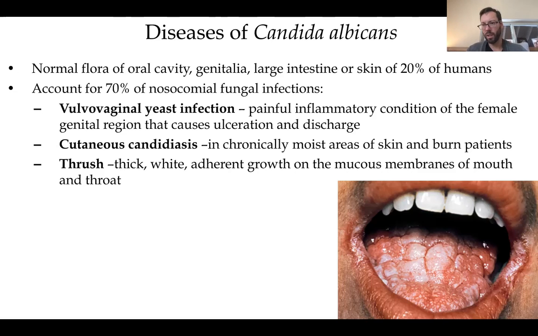Primarily, thrush is something that younger kids and infants deal with. And it is a large percentage of the nosocomial fungal infections that we see in the hospital. So I said 10% of nosocomial infections are fungal in origin, and of those 70%.